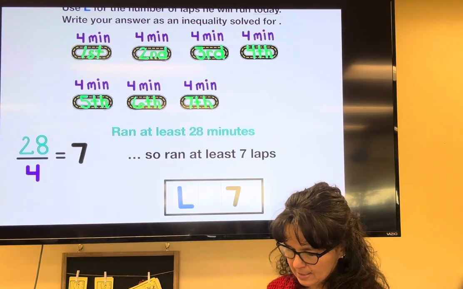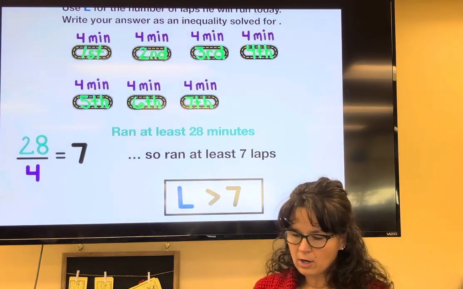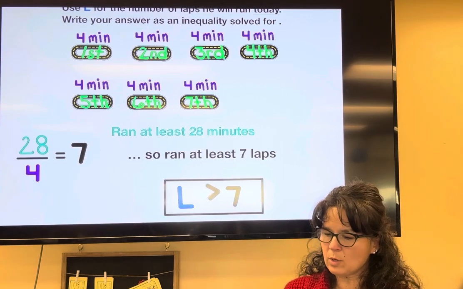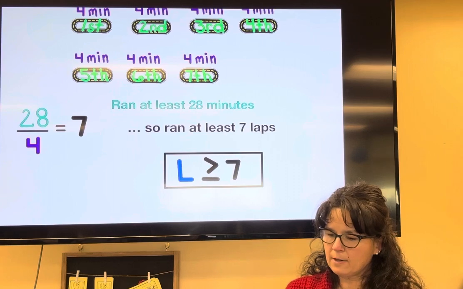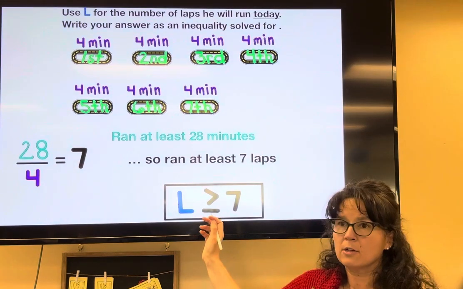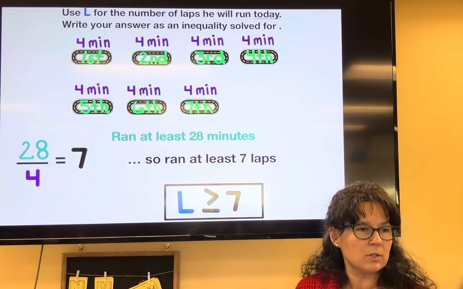So this time, instead of having just the alligator eating the big one, we also want to underline this one because it's okay to actually run 7. So the number of laps is going to be greater than or equal to 7.